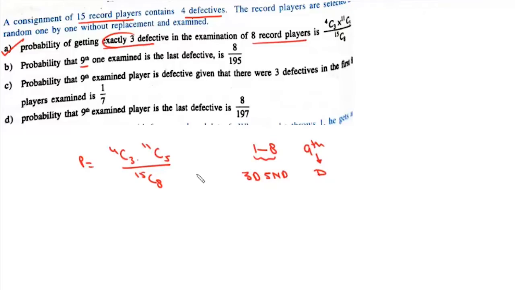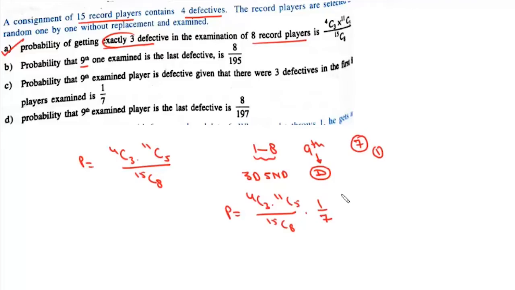Now for 1 to 8 we have already worked out in this first case. So it will be 4C3 into 11C5 upon 15C8. Now this ninth one has to be defective. Now we have 7 remaining, and out of these 7 remaining, 1 is defective. So this ninth one defective will be 1 by 7, and that's the required probability.